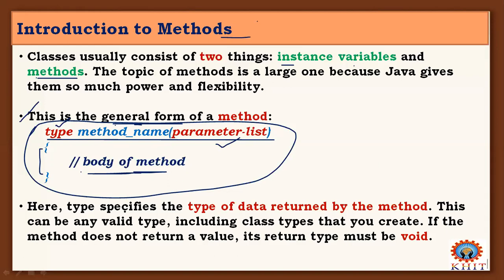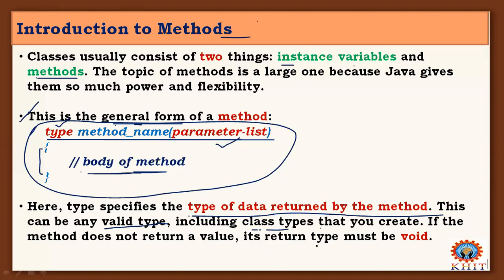Here, type specifies the type of data returned by the method. Sometimes a method may return some value, and what type of data value is returned by the method, we have to specify as a type in the definition of the method. This can be a valid type of basic data types like int, float, char, double, and including class type also.